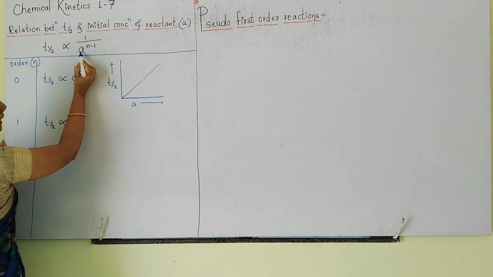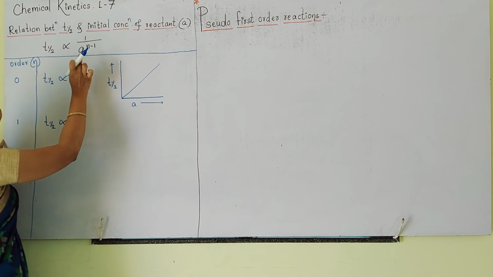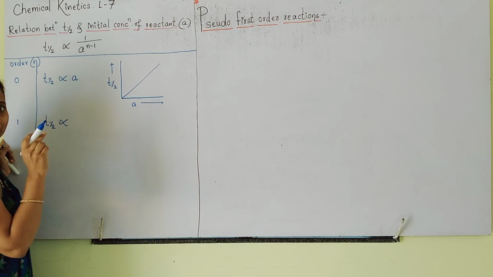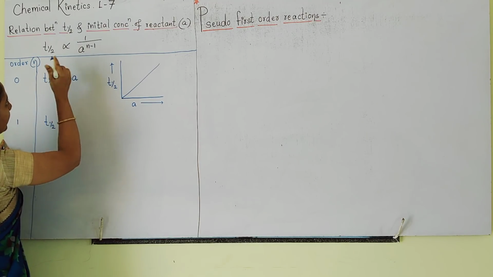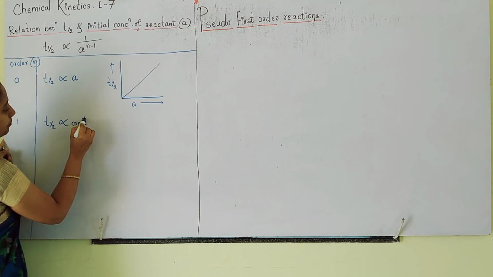See here. A raised to 1 minus 1. Order is 1, N is 1. 1 minus 1 is 0. Anything raised to 0 is 1. So T half is proportional to some constant.